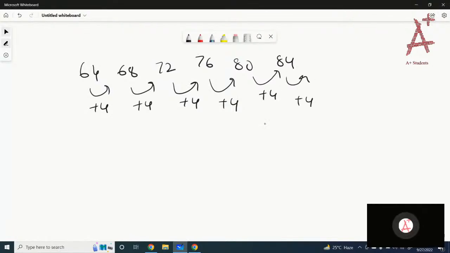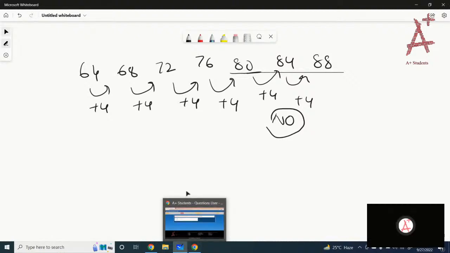And 84 plus 4 is 88. So we need to check if she counted 85. Do we have 85 here in this sequence? No, she doesn't count 85 when she is counting by fours. Got it? So the correct option is no.